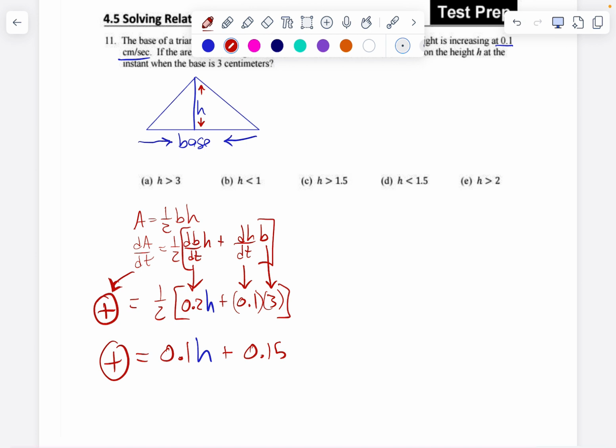What did you say? 0.1 times 1 is 0.1. Well, it says strictly less than. So if h is 0, where would that break over?